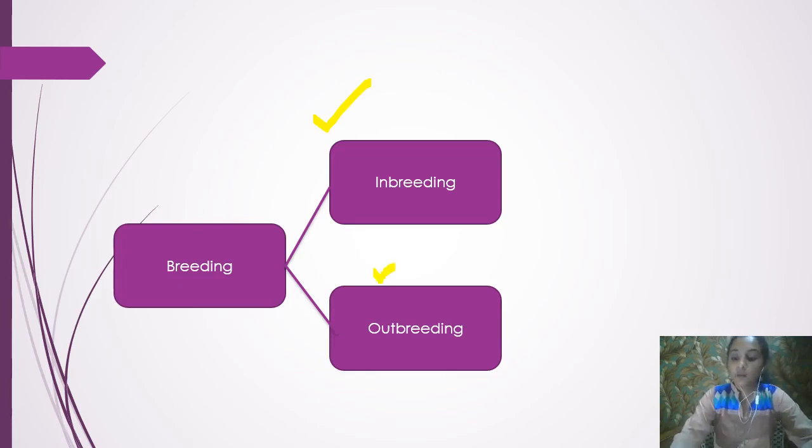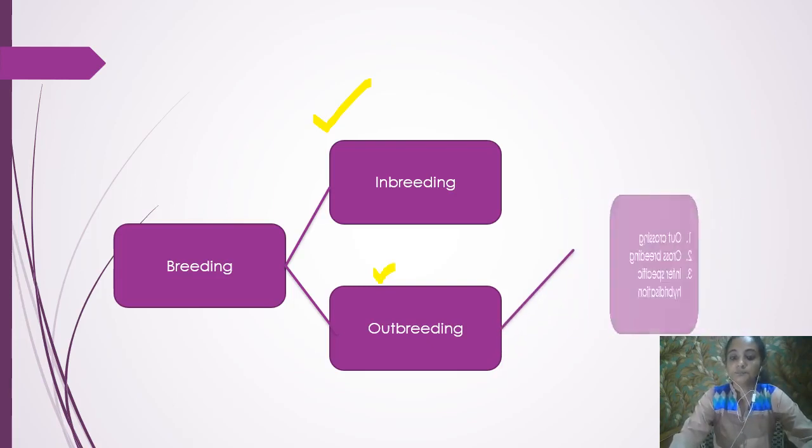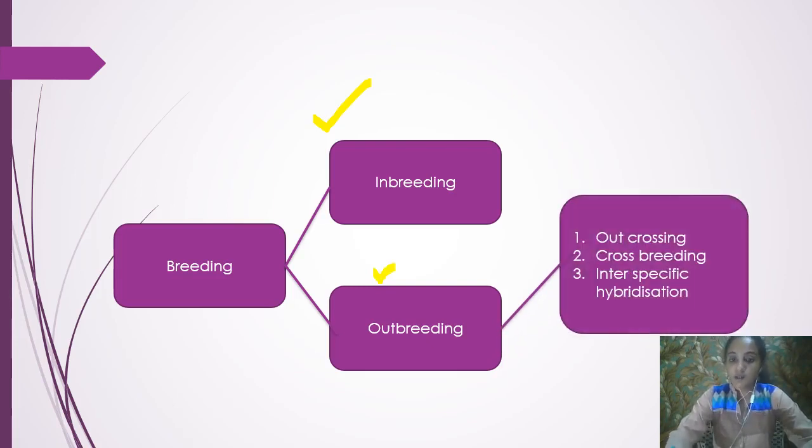Now outbreeding is again divided into three groups. The first one is called outcrossing. We will deal with all these things. The second one is called crossbreeding and the third one is interspecific hybridization. So this is the chart. You have to draw this chart in your copy, that will help you see the connection between these things.